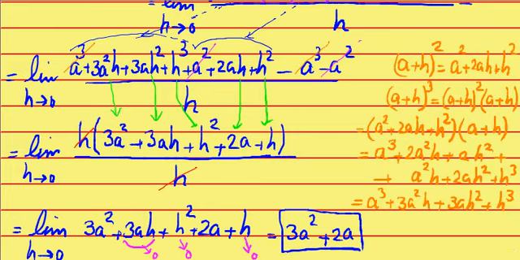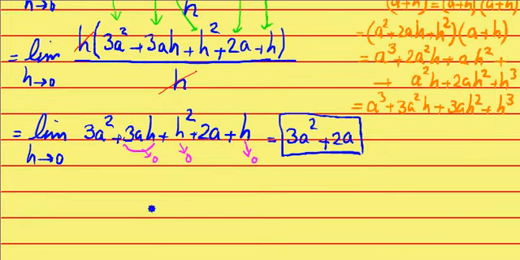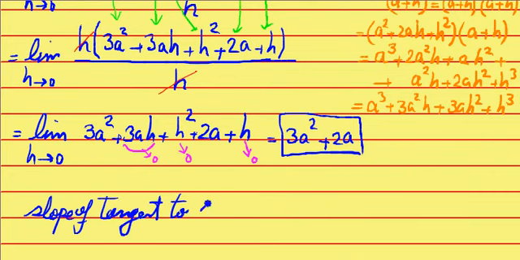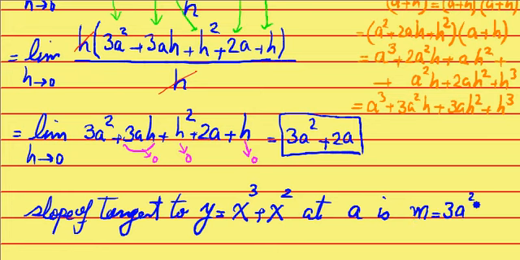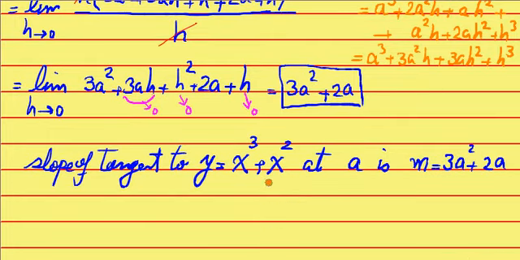So what's the outcome of this whole calculation? The slope of the tangent to y equals x cubed plus x squared at a is, here's the slope, m equals 3a squared plus 2a. The very first example we did was this simple case of just x squared.